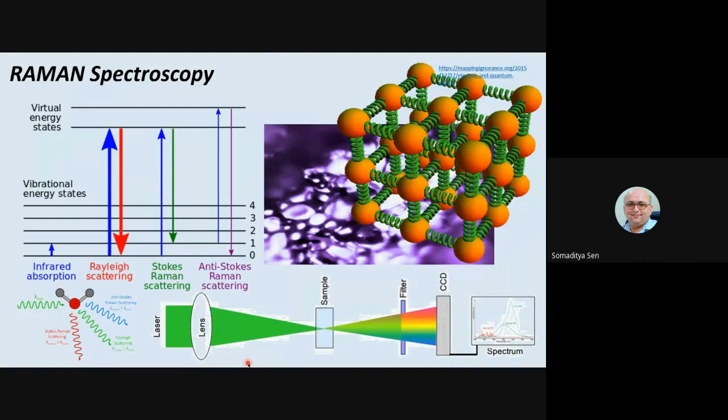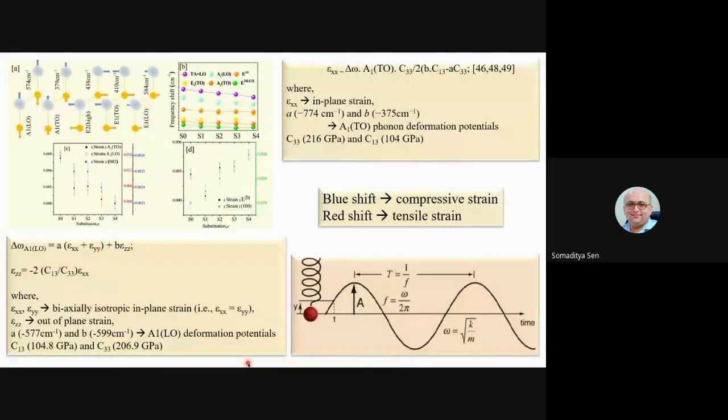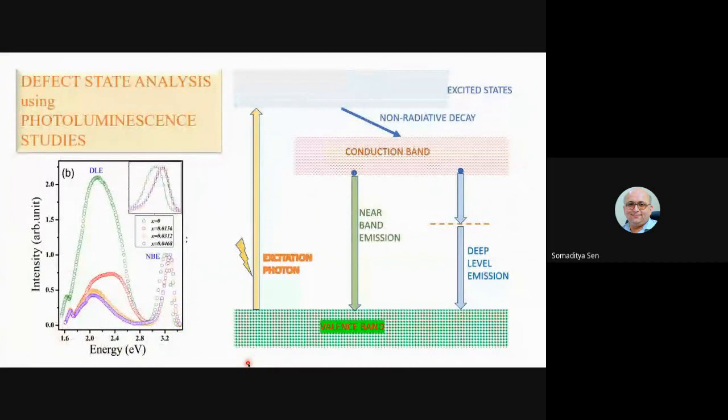Okay, now let me explain the techniques, then I'll just go to this. Okay, so this is an example of the defect state analysis using photoluminescence. As I said, the excitation photon goes up, and then non-radiative.